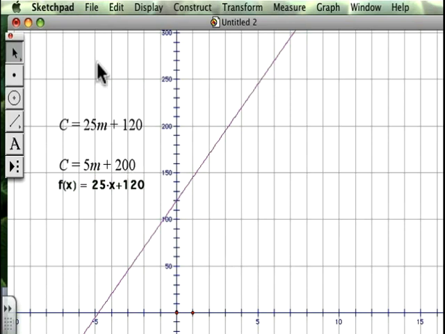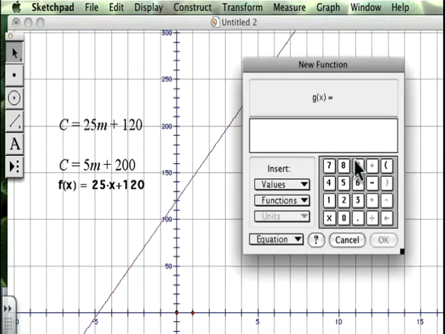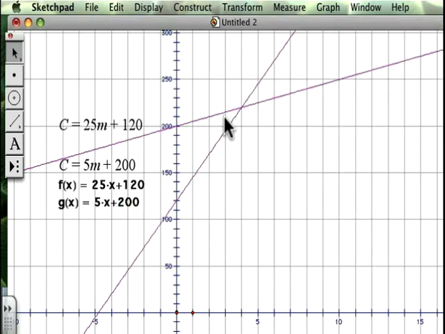And the second function is going to be 5x, 5 times x, plus 200. And there's our graph of this situation.